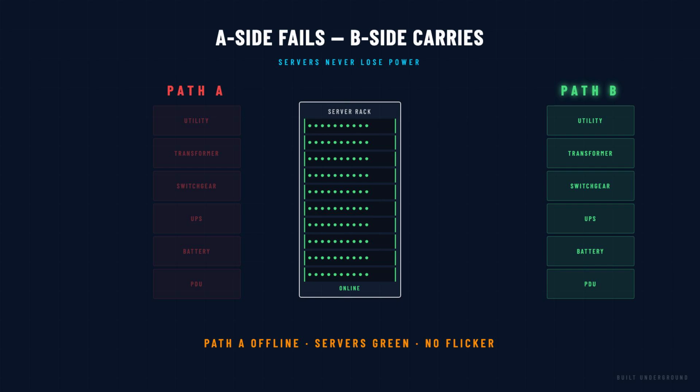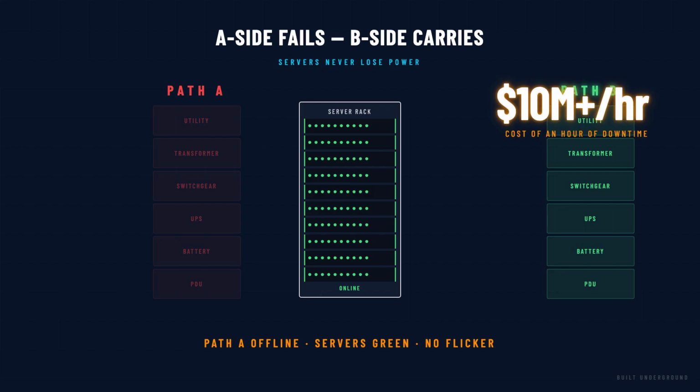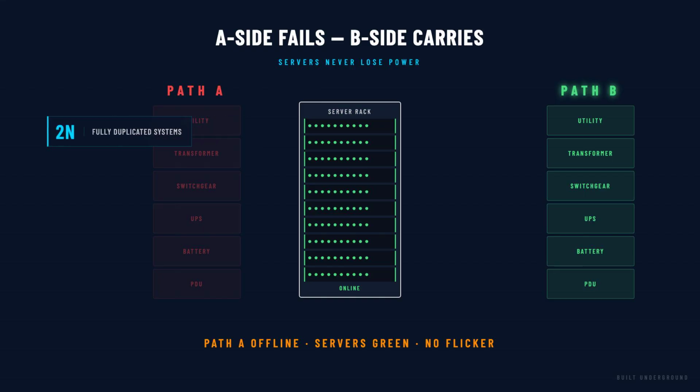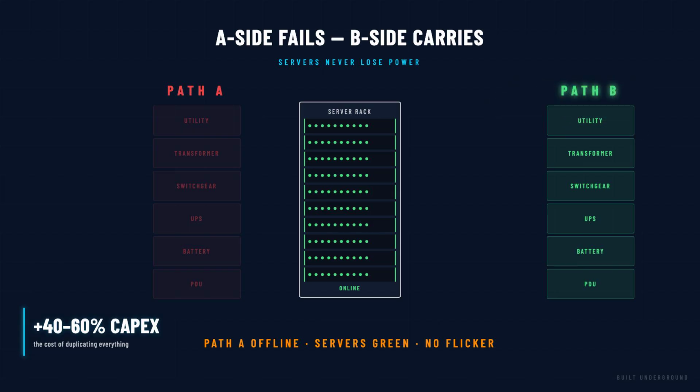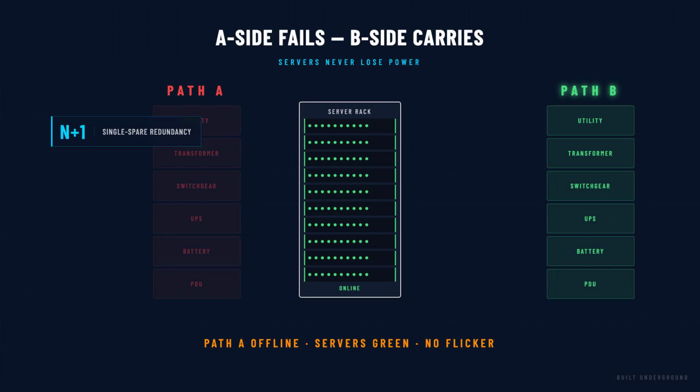This is the architecture used by hyperscalers and financial institutions, where an hour of downtime can cost tens of millions of dollars. The trade-off is cost. A 2N design adds 40 to 60% to the electrical infrastructure budget compared to N+1. You are building 2 of everything, only one of which is active at any time.